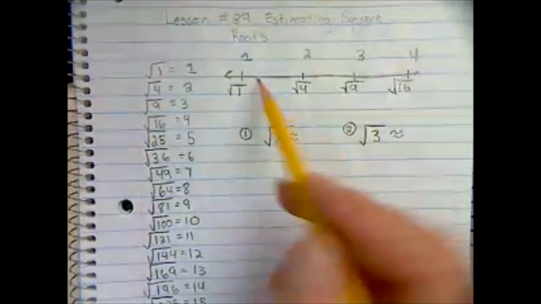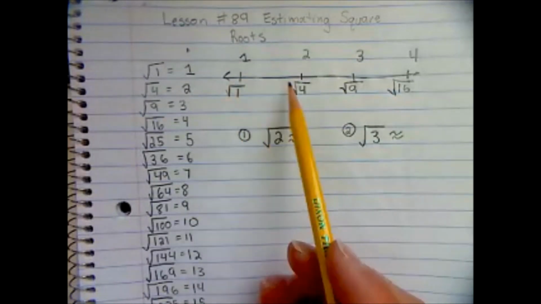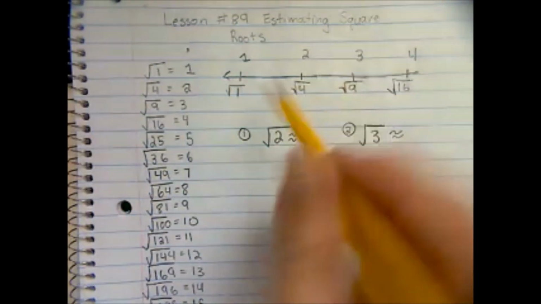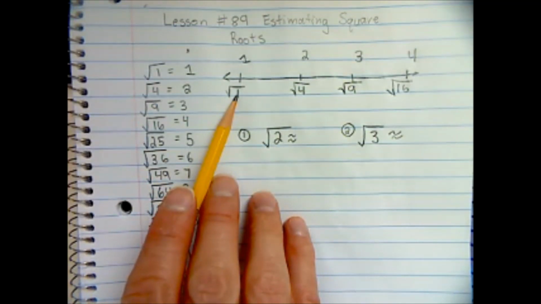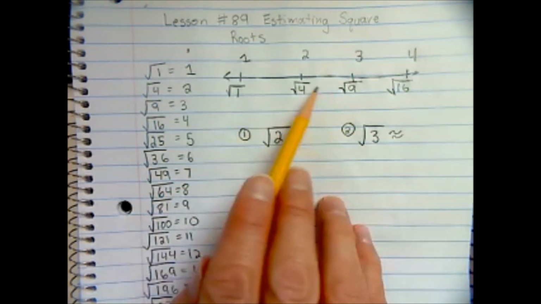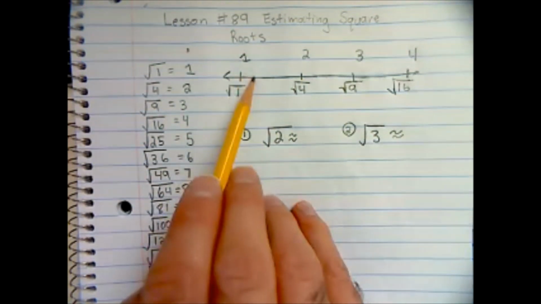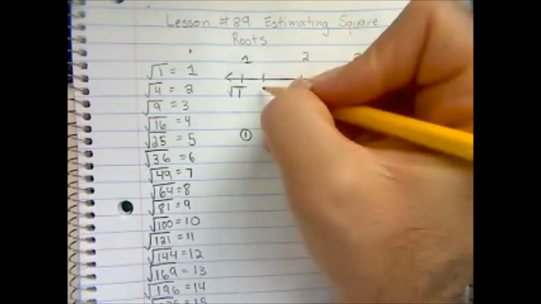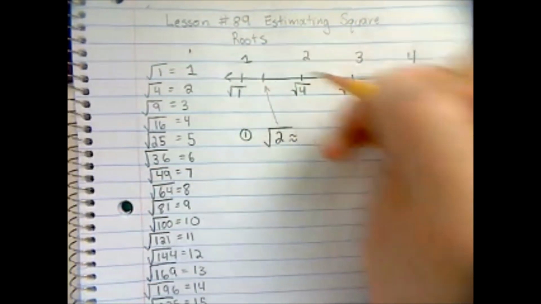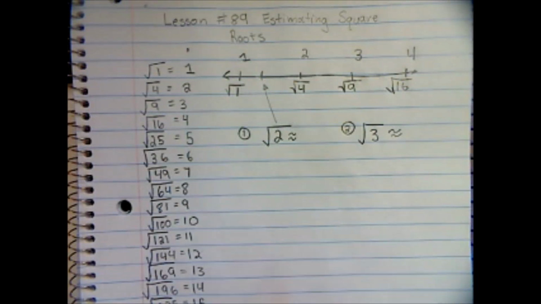Okay, so square root of 2. Well, that's clearly going to be in between the square root of 1 and square root of 4. So what's square root of 2 going to be closer to? Is it going to be closer to this spot or this spot on the number line? Well, clearly square root of 2 is going to be closer to this spot. So square root of 2 is going to be around here. And so we're going to estimate that.